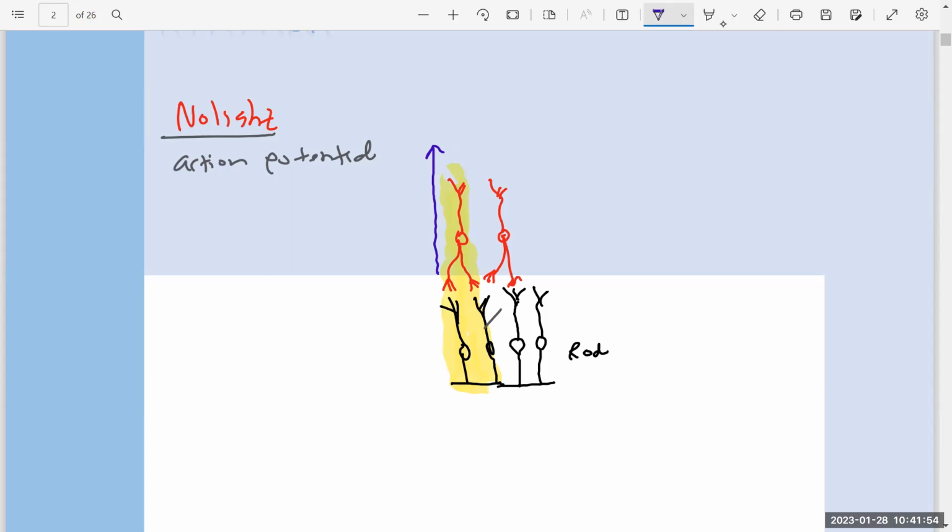Now when light comes, we said the final effect is hyperpolarization. It just goes to minus 60 millivolts. The hyperpolarization actually stops the nerve impulses, so it stops the action potential.